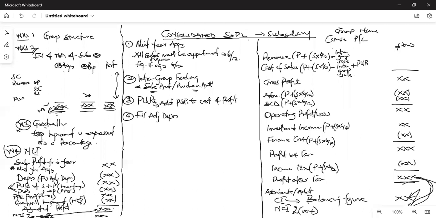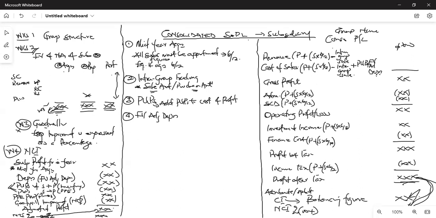If the question tells you to add it to administration, you have to add it to administration. If the question remains silent, you add it to cost of sale. If it directs you to cost of sale, you also put it into cost of sale. So here, we need to add fair value adjustment depreciation. All right, easy peasy, we are done.